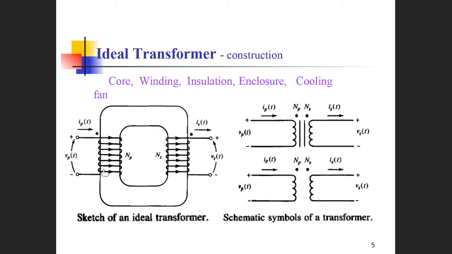Okay, so transformers generally have, mechanically, the core materials, as we just said, and the windings. So we have the primary and the secondary windings for single-phase transformers. And between the two coils, we have the insulation materials.